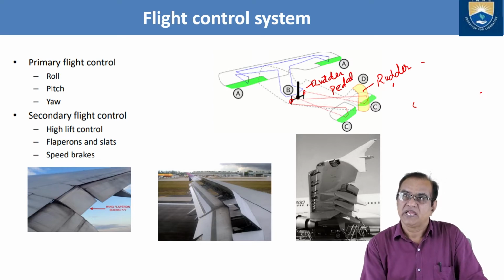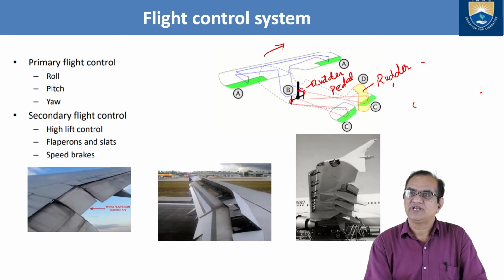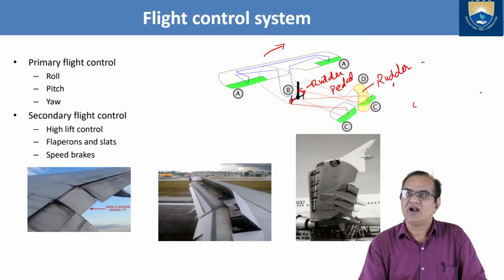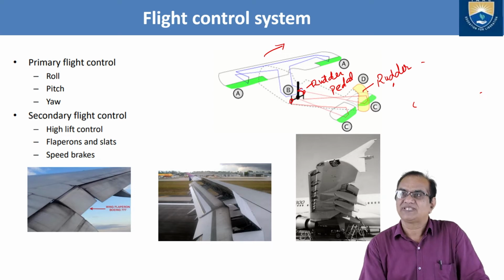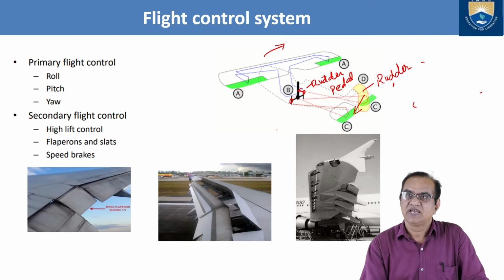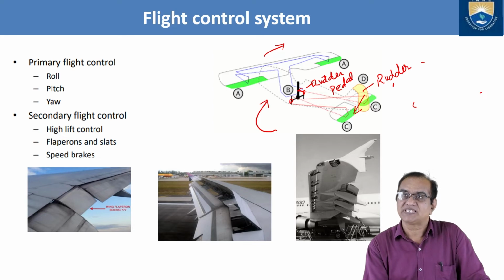So if the pilot is pressing this one, it means he wants the nose to go towards the right. So he will press the right pedal. What will happen? The rudder will move toward the right, and this force will be generated toward the left, and this yaw will be in this direction. And if you want the left side, then he has to press this left one.